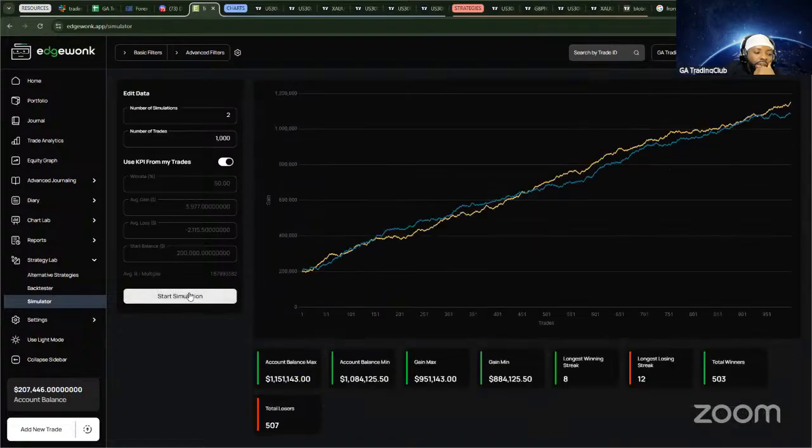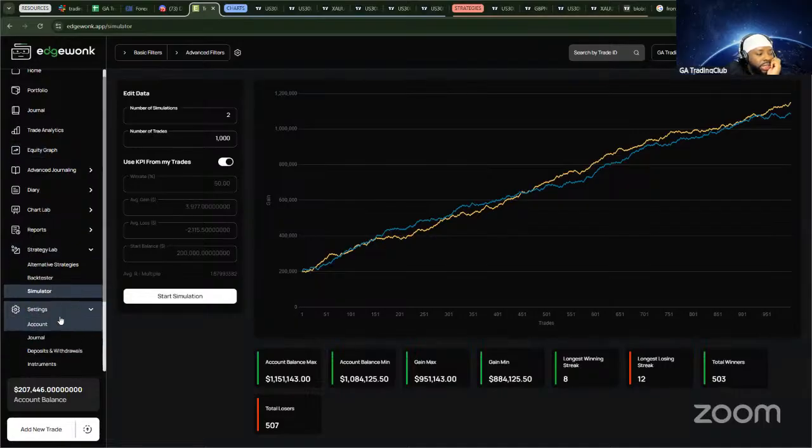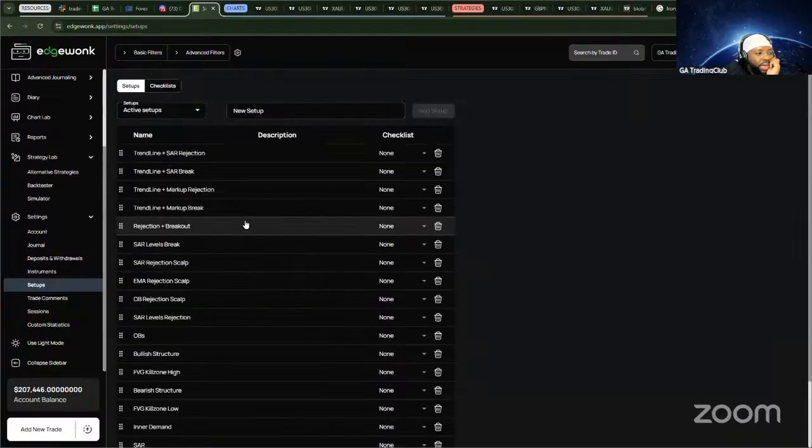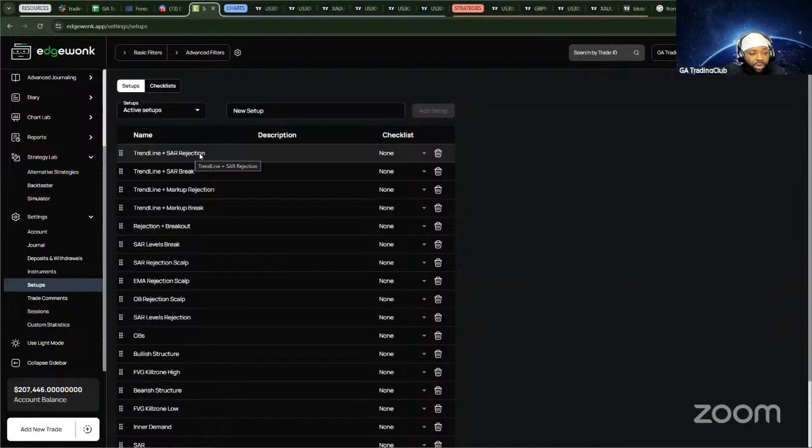Because none of the other strategies I've ever traded, not the levels rejection, not the manipulation strategy. I mean, I have all these setups, right? I have how many setups? Over time, I think I've had all of this, right? Trendline plus SAR rejection was my most profitable strategy last year, but the profitability was nowhere close.